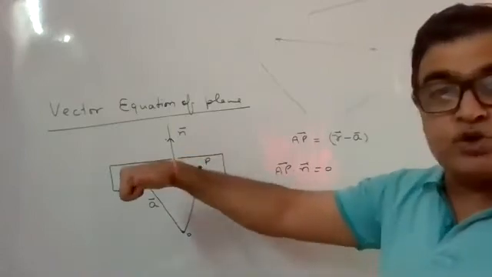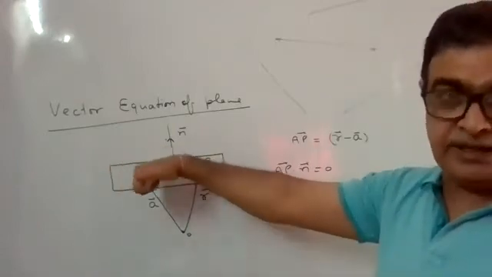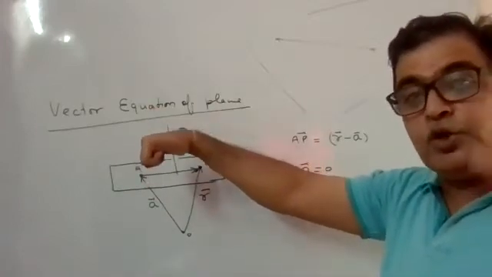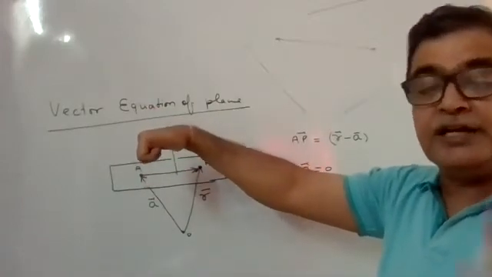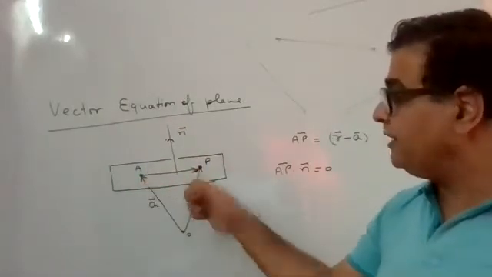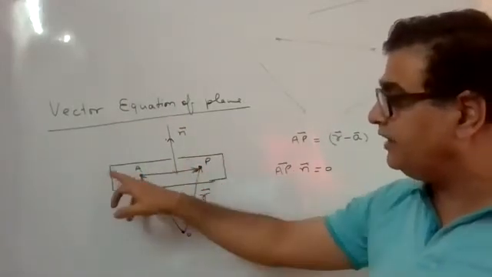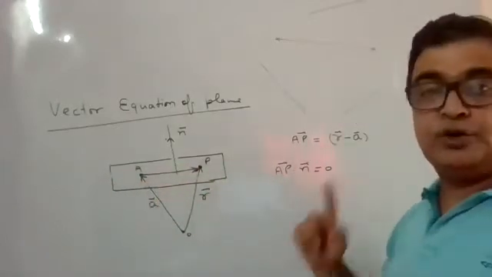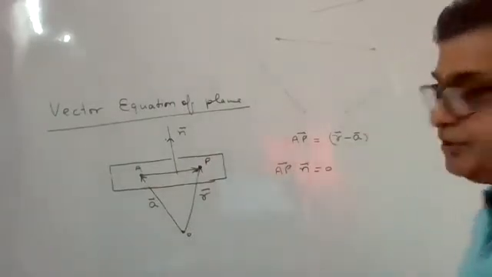The plane's normal vector is called the normal vector. It will be perpendicular to each and every line in the plane. So we made the line AP in the plane. P was your choice, you could take it here, here, anywhere; whichever AP line you make, it is perpendicular to the normal. So AP dot N comes out to be 0.